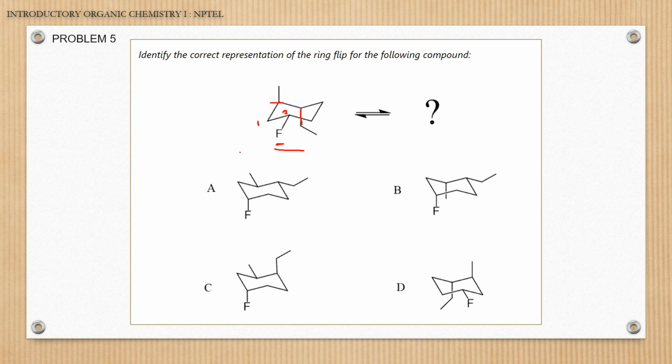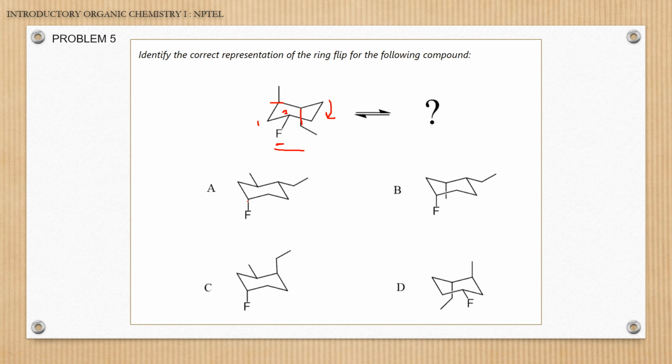How? First of all, you need to number this particular ring, and if you are rotating this ring according to this, then you will get this particular conformation, right? So what happens here is, if the axial methyl is present here, then it will go to the equatorial position, and when you number it 1, 2, 3, this is in the relation of 1, 2, 3.